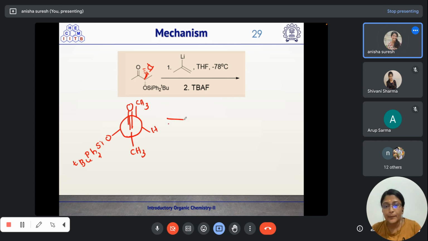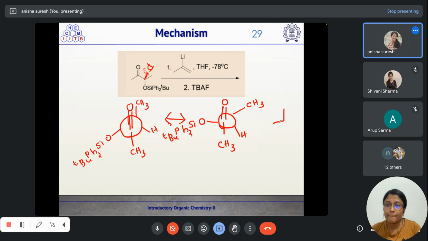Now if we draw the conformation that is more stable, with this electronegative oxygen that is protected with a bulky group perpendicular to the carbonyl, it will come in this fashion: CH3, OSi Ph2 tBu, hydrogen, CH3.